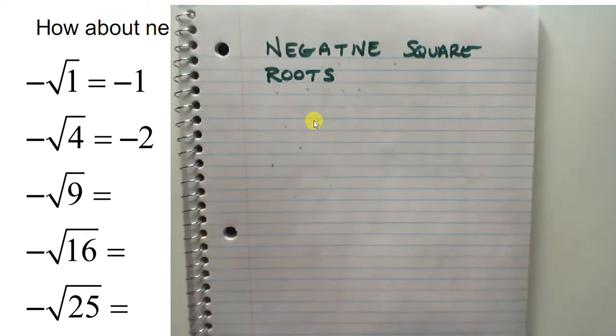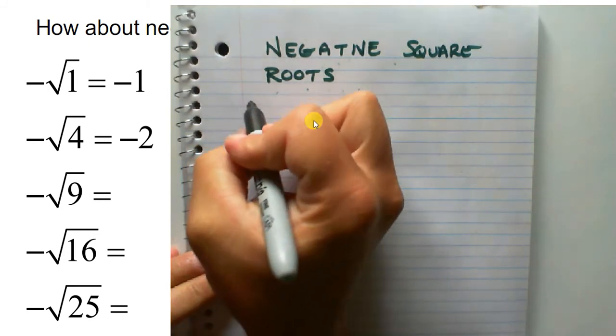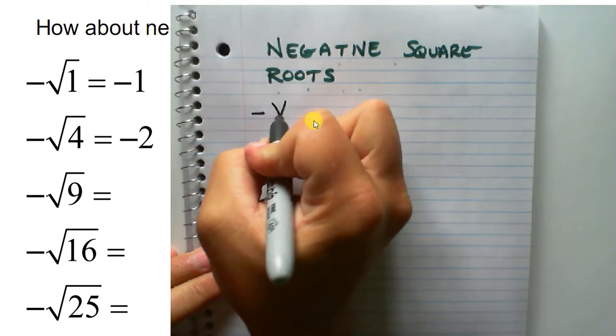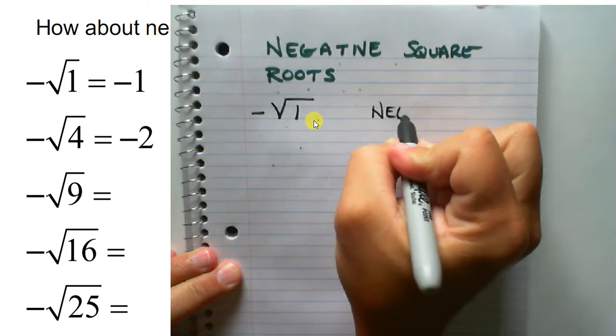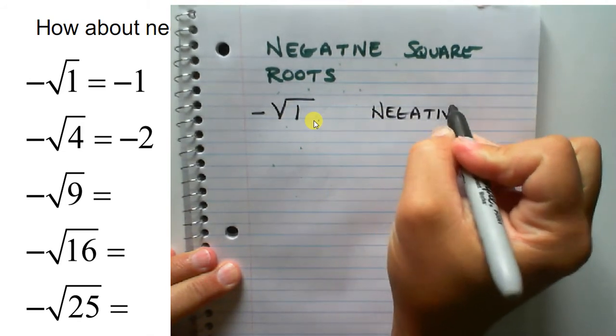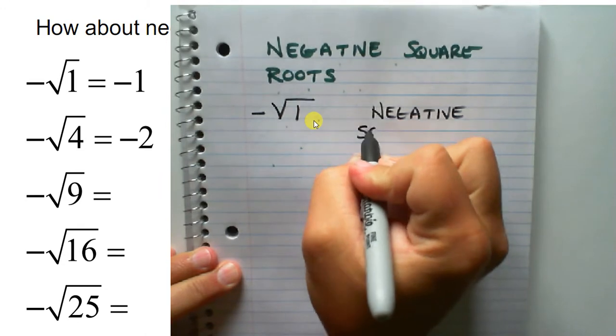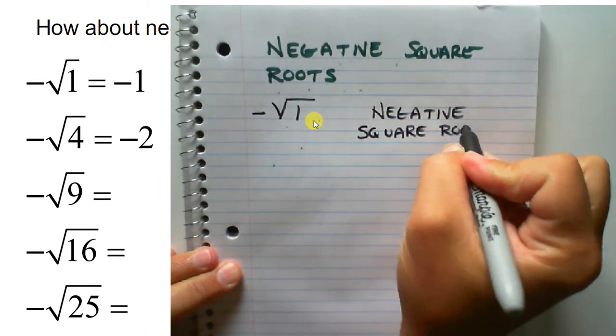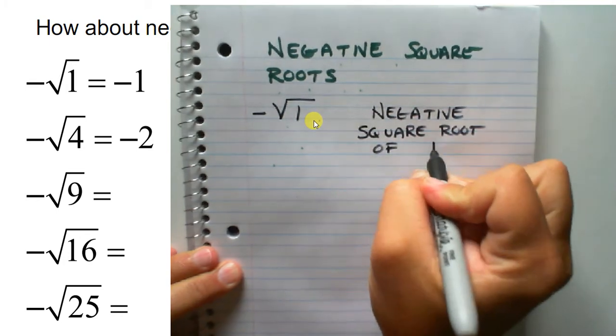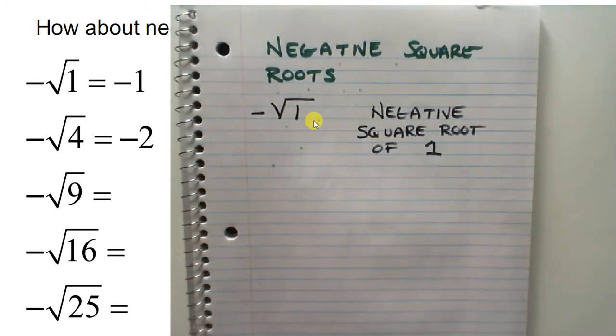So the negative square root of 1, that's how I would say it. Negative square root of 1, well, that's just negative 1.